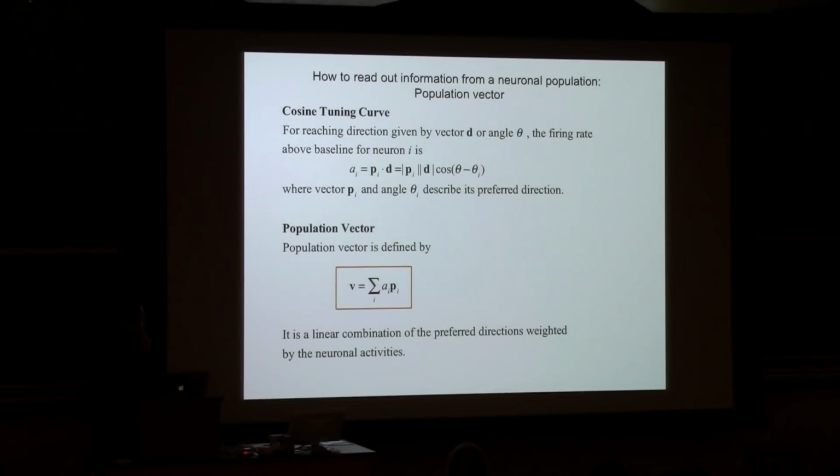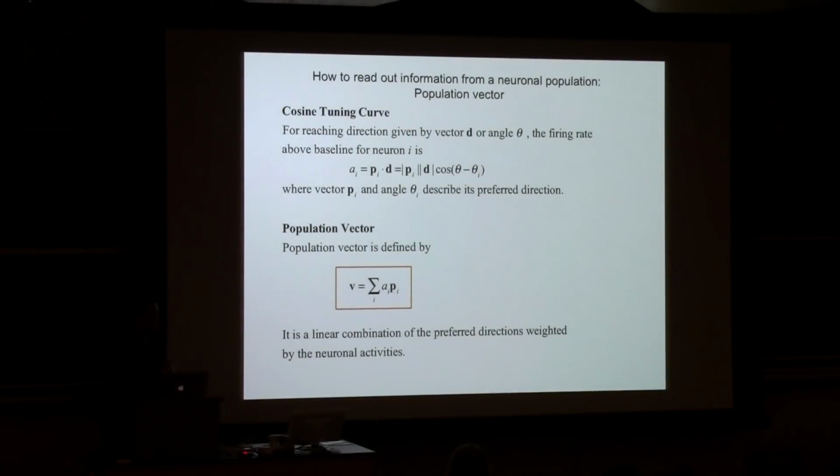The idea in the beginning was that each cell contributes to some direction from motor cortex. You have many neurons, each with a vector pointing toward its preferred direction. If one neuron fires more, that means you try to push the hand in that direction more, and you should have a weighted average of all the cells. The final big vector will determine which direction your hand will move.